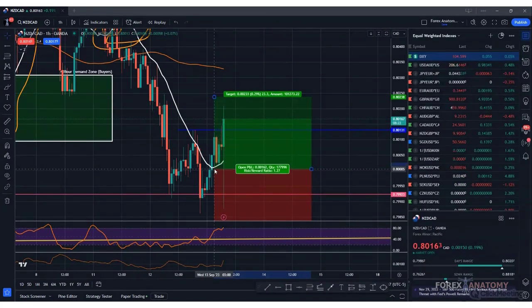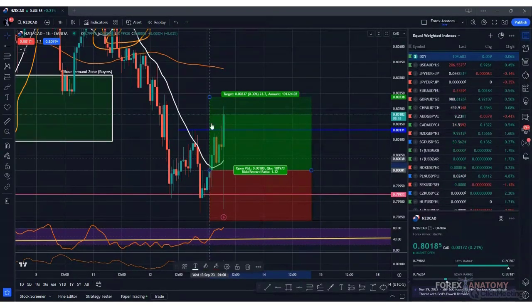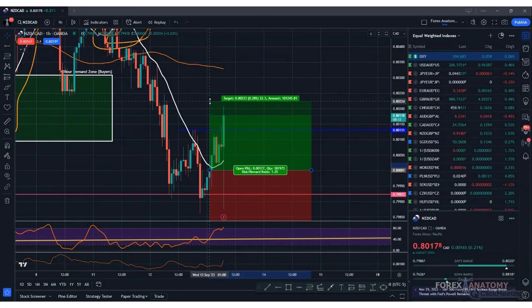This is where we actually entered in, right around here, a little bit lower than that. Right, yep, right around there.